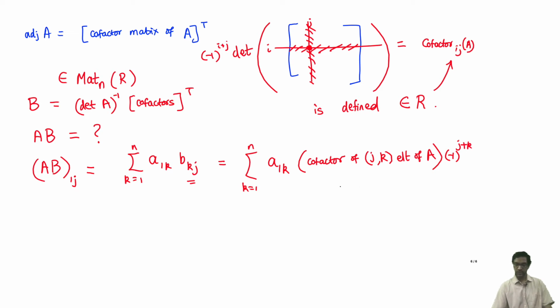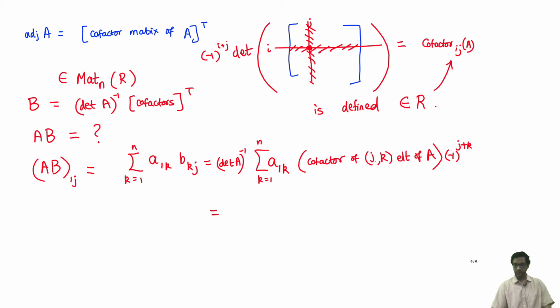So remember, all this is multiplied by a det A inverse, and since everything is a commutative ring, I can multiply things in any order I want. So I'll just put the det A inverse outside. So this is determinant of A inverse, and this is the sum over k. Now comes the important observation about A1k times the cofactor of jk.